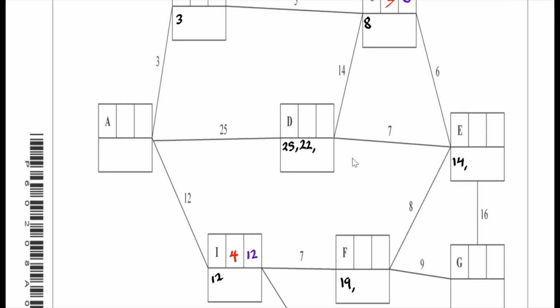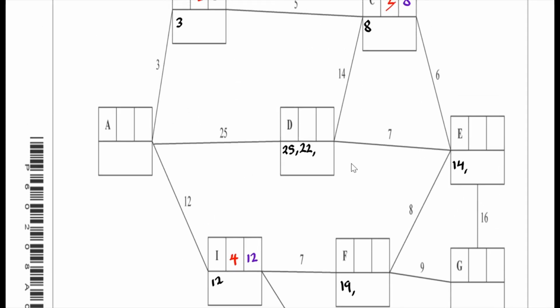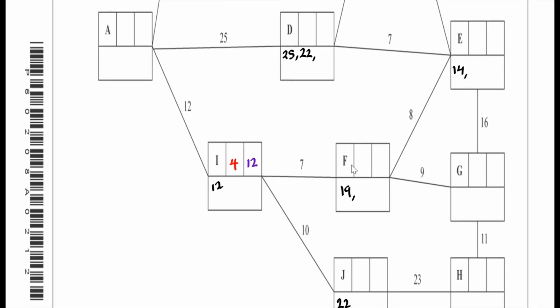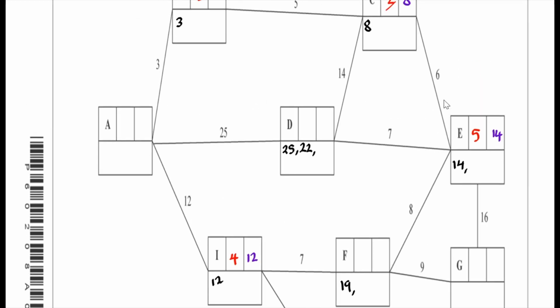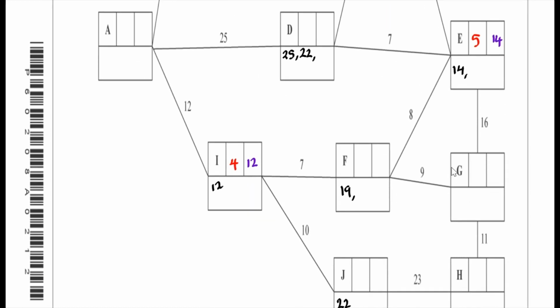And looking at everything else, that's all we can fill in. So the smallest ones between all of these, you'd find that to be the 14. So the 14 goes here, and then we label E with 5, and then we continue.